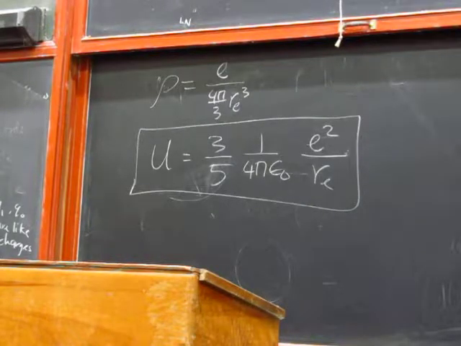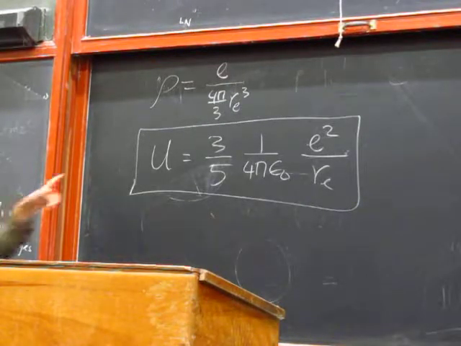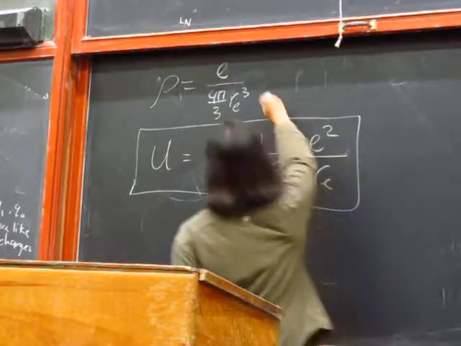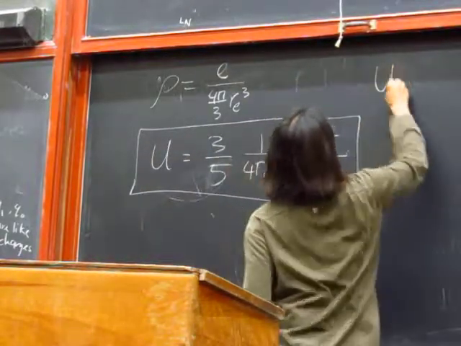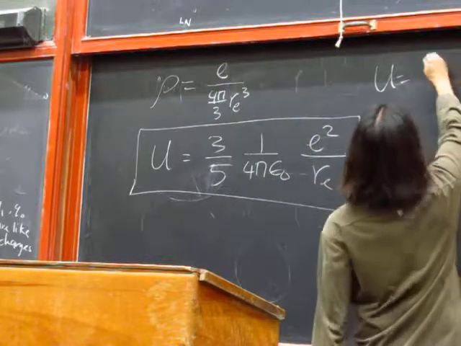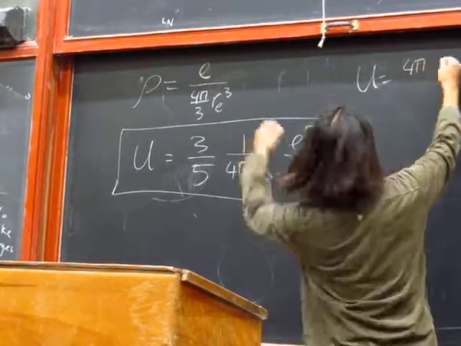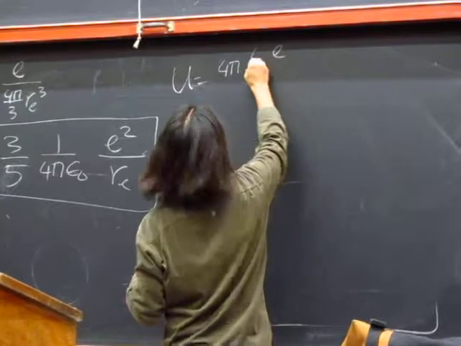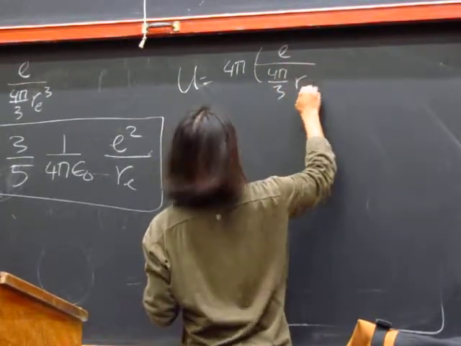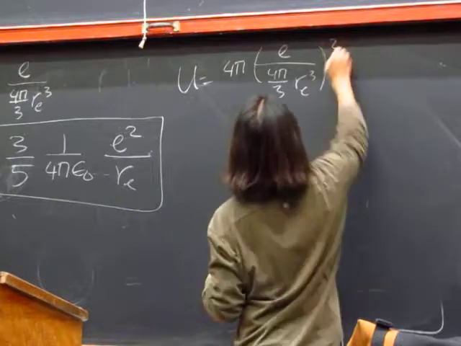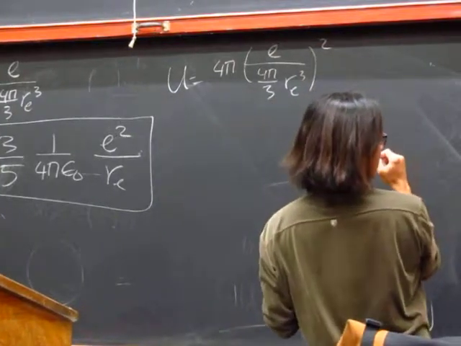Can we just do it, right? So if U is 4 pi, then rho is E over 4 pi over 3 RE cubed, squared, right?